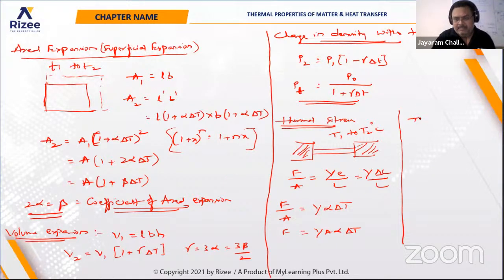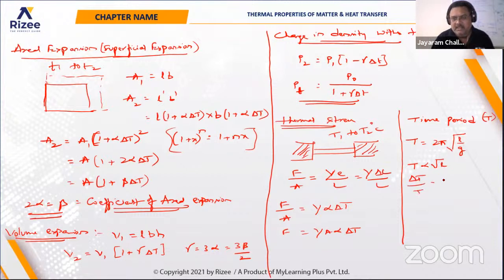We know the time period of a simple pendulum is T equal to 2 pi root over L by g. So T is proportional to the square root of the length, or delta T by T is equal to half into delta L by L, that is change in length by original length.